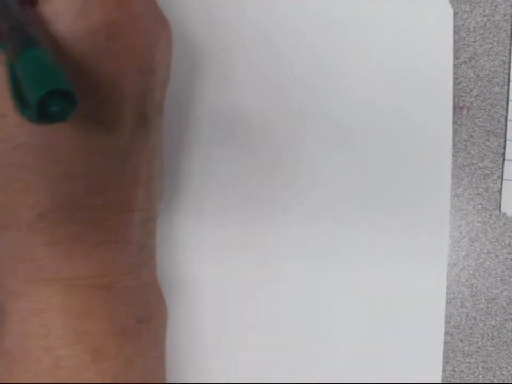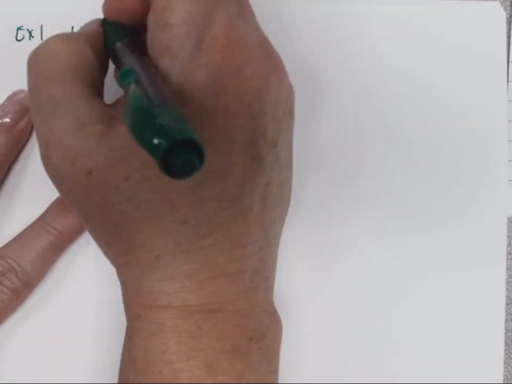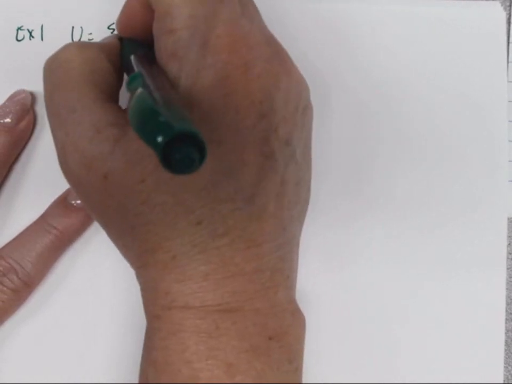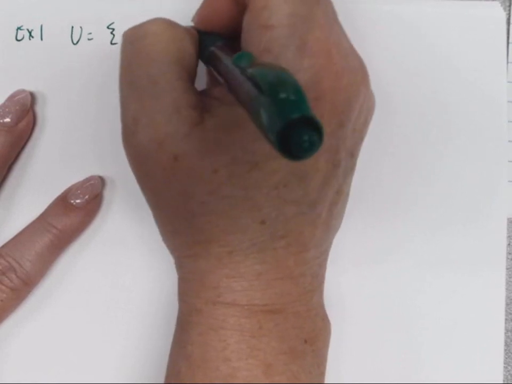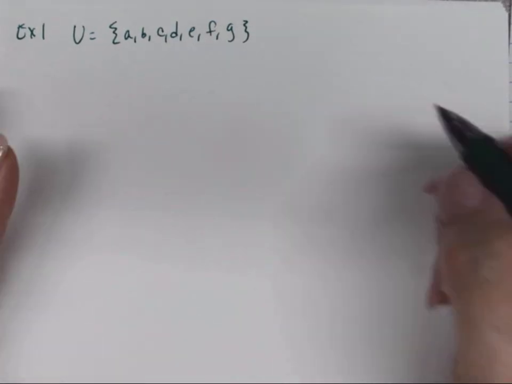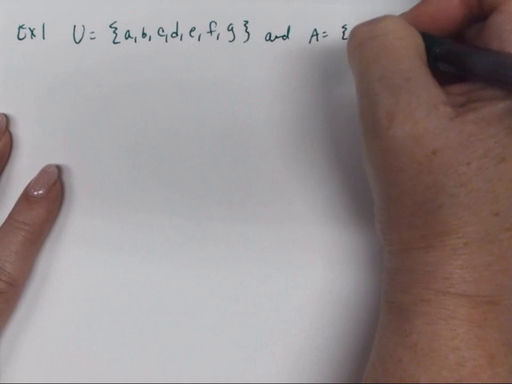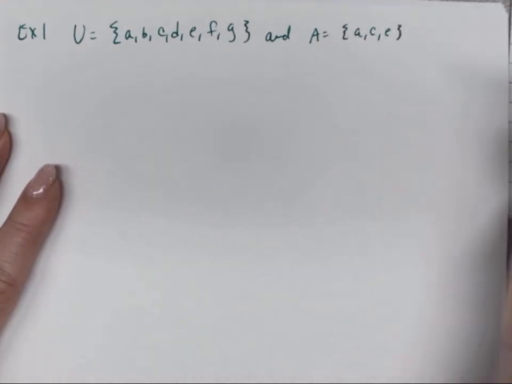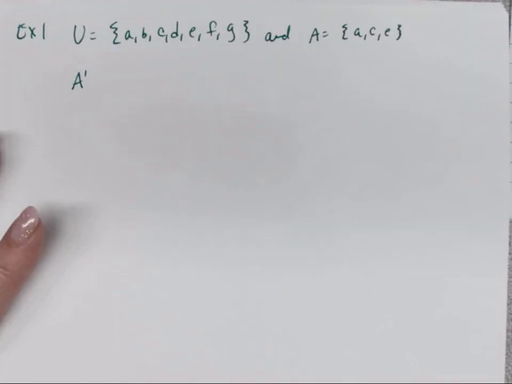So we're looking at example 1. If our universal set U is equal to A, B, C, D, E, F, and G, and we have set A equal to A, C, and E, we are looking at a complement.